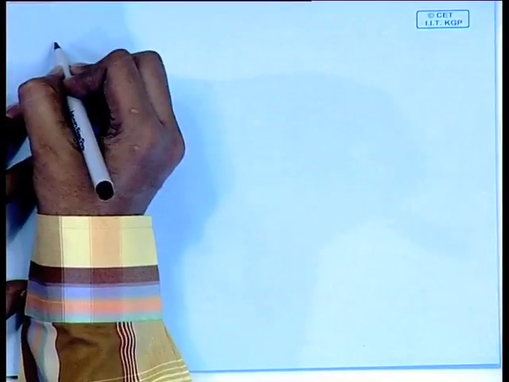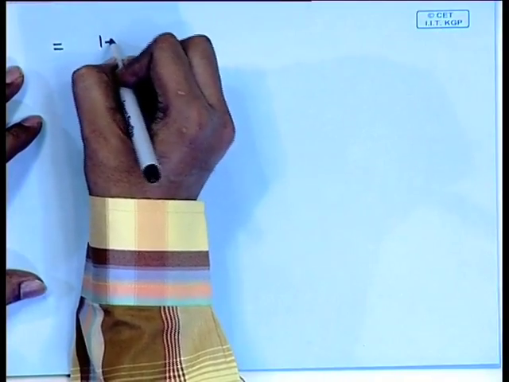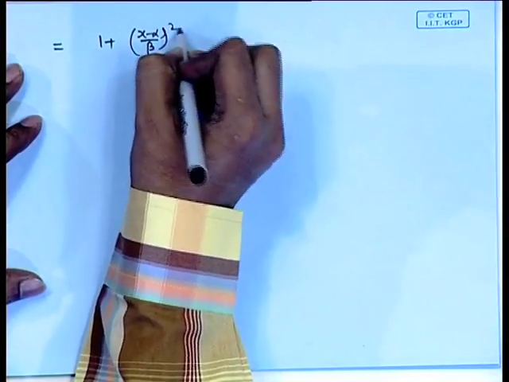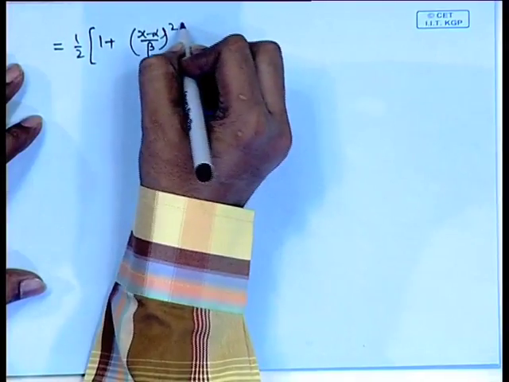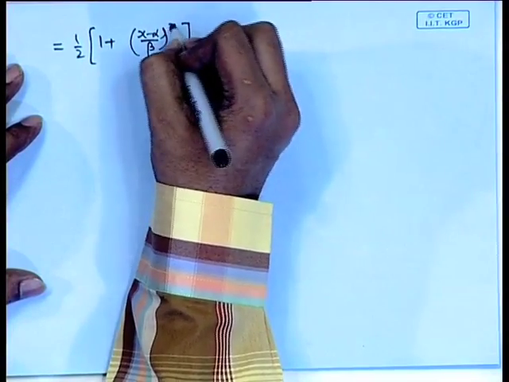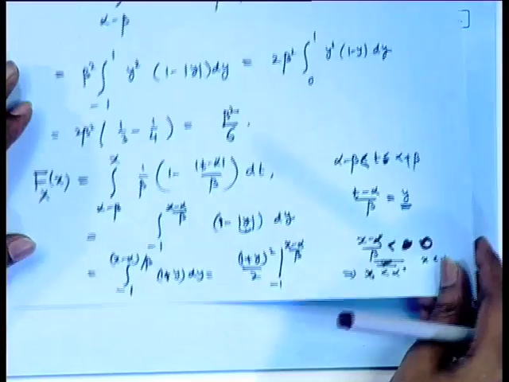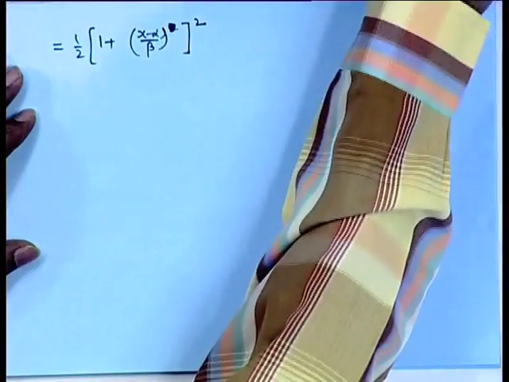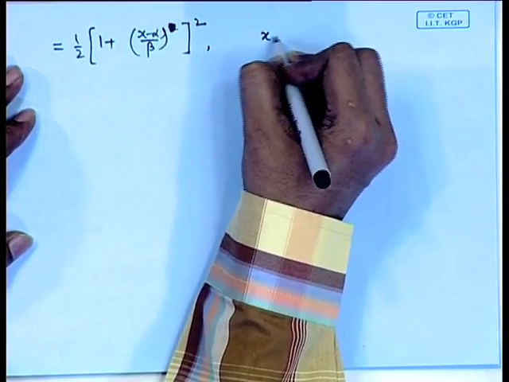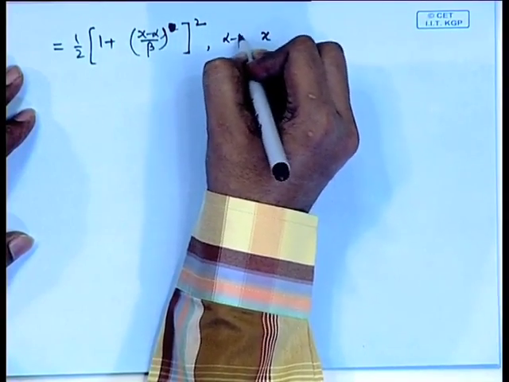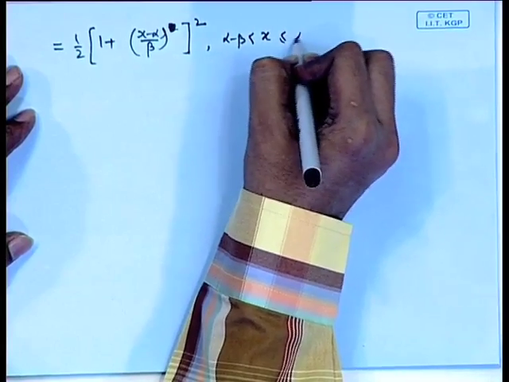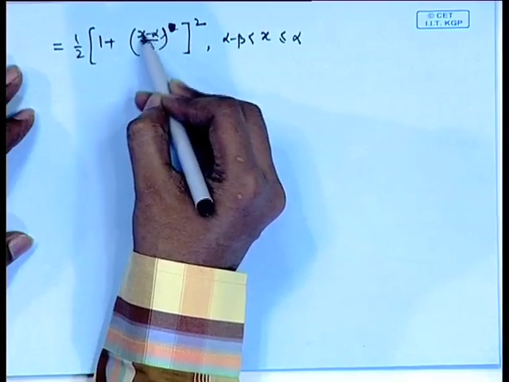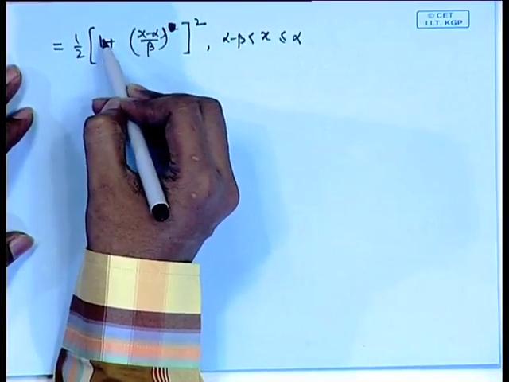So, this is evaluated to one half of (1 plus (x minus alpha) by beta) whole square. So, this is for alpha minus beta less than x less than or equal to alpha. If you look at this value at x equal to alpha, this becomes 0, so this value will become exactly equal to half.